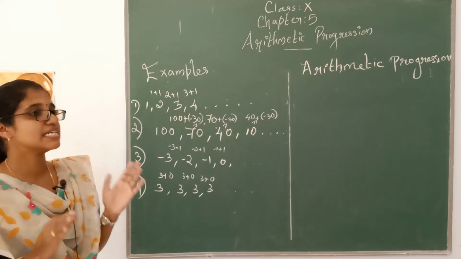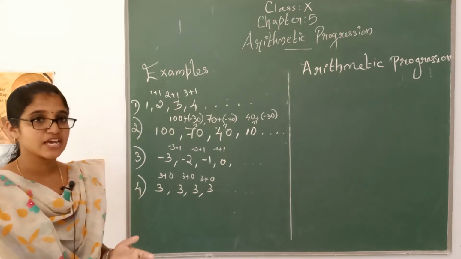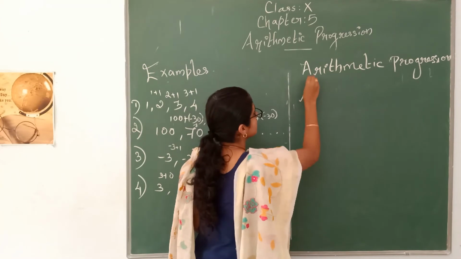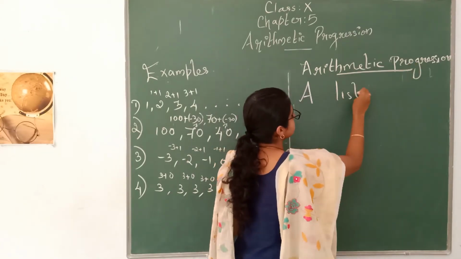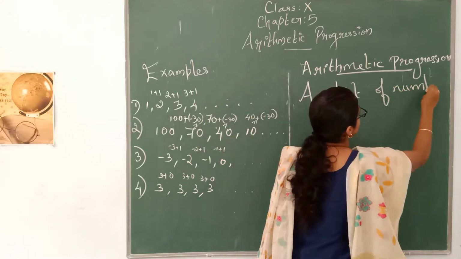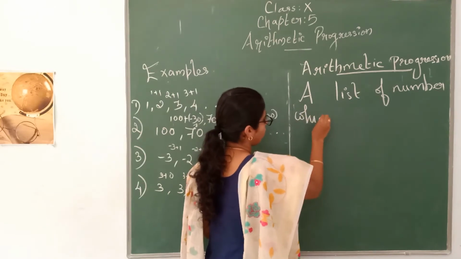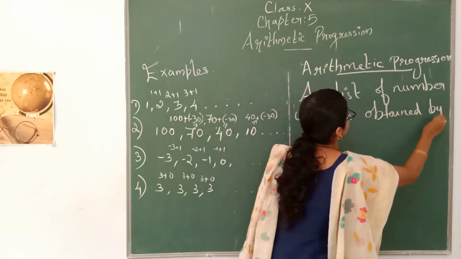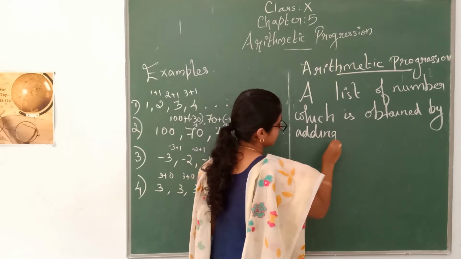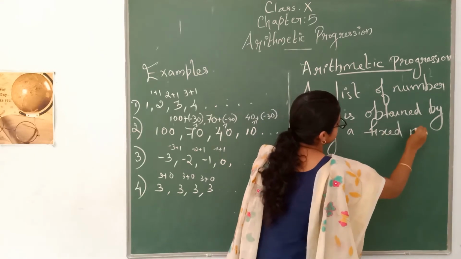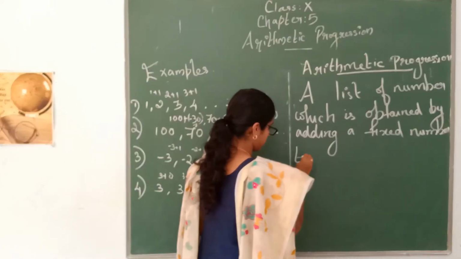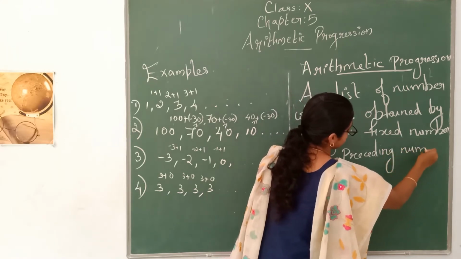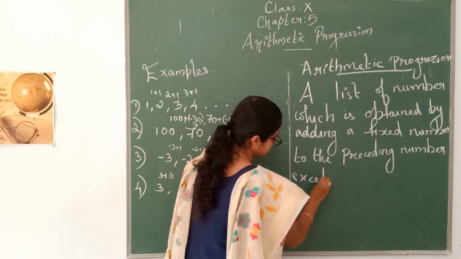Which means an arithmetic progression is a list of numbers in which each term is obtained by adding a fixed number to the preceding number, except the first term. This is the definition of arithmetic progression.